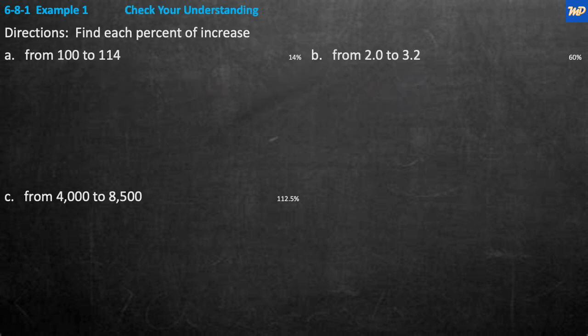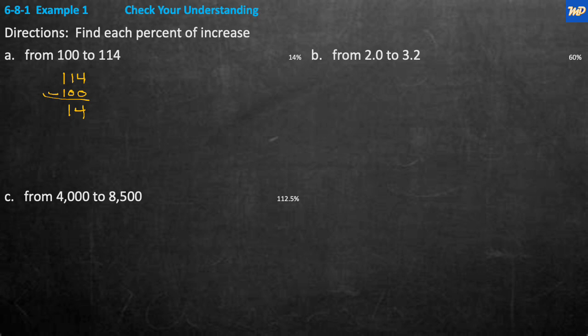Okay, example 1. Check your understanding. You know what to do. Find each percent of increase. From 100 to 114, what is the percent increase? Well, we already said you take the ending value, 114, and you subtract 100. That's where we started, and you end up with 14. That's the change.